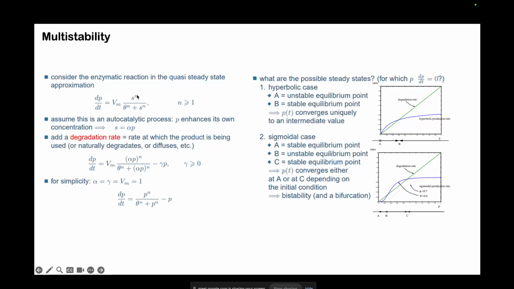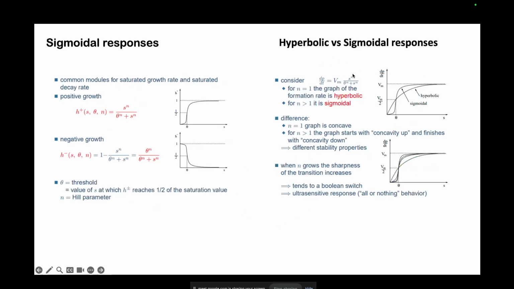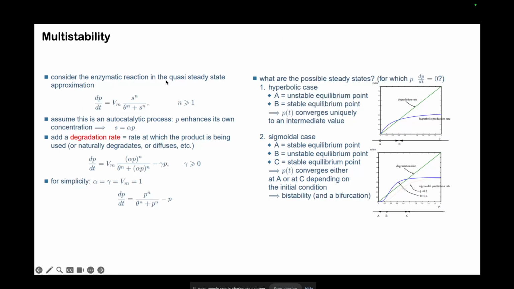We will basically take a few examples from this equation as well. If you have an enzymatic reaction like this, and you assume that this is an autocatalytic process, so the enzymes and the substrate concentration are in equilibrium and it is catalyzing on its own, and P enhances its own concentration.